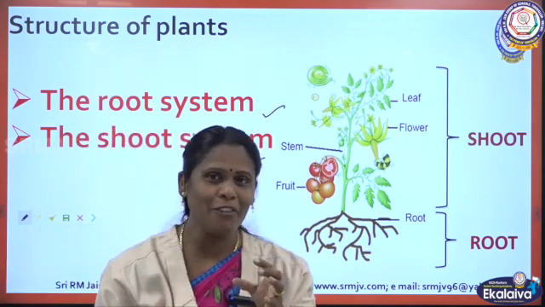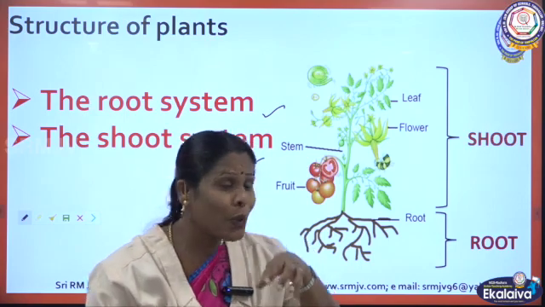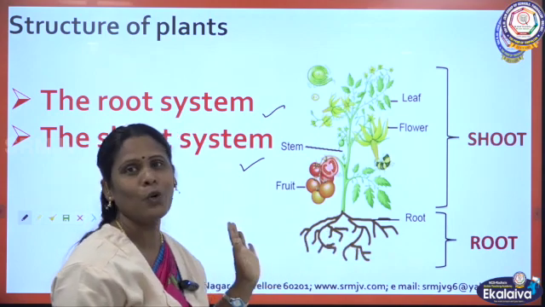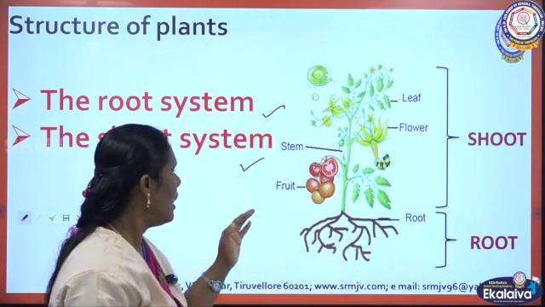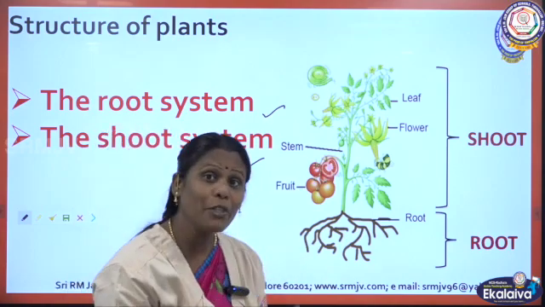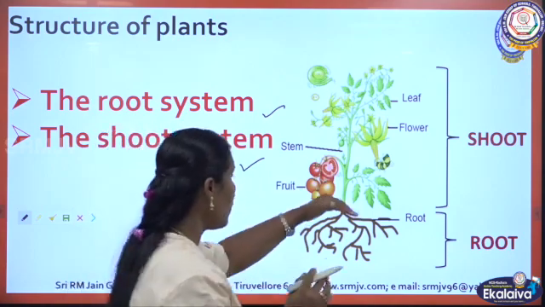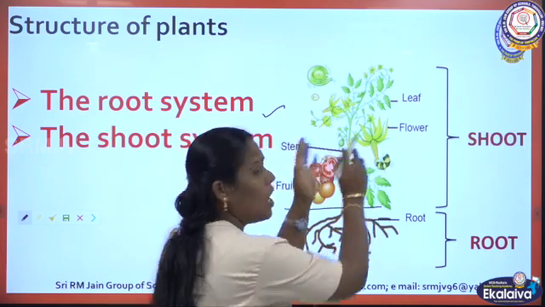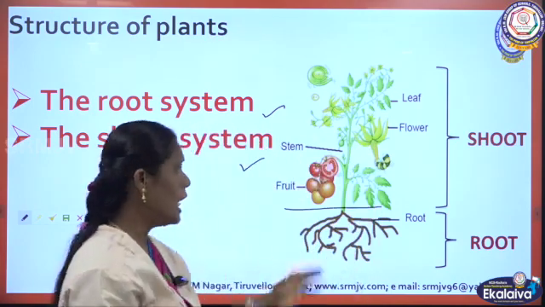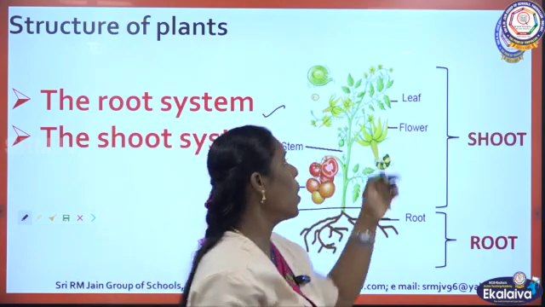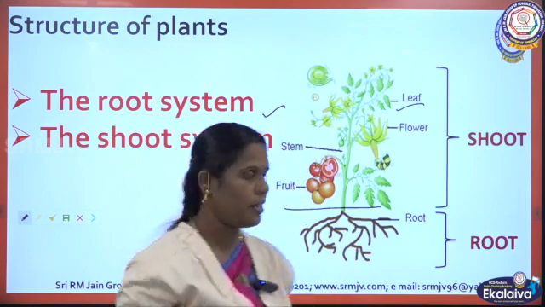The part of the plant that grows under the ground is called the root system. Then what is the shoot system? The parts of the plant that grow above the ground are called the shoot system. In the shoot system, fruits, stem, flower and leaves are there, right?